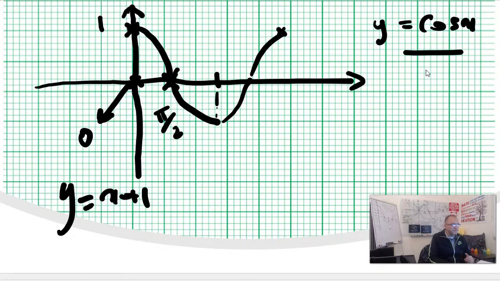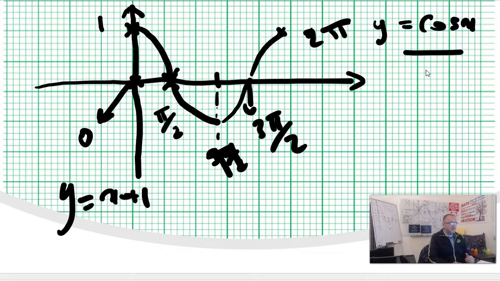Pi over 2, pi, 3 pi over 2, and 2 pi. Now you are putting pi instead of 1, 2, 3, 4.